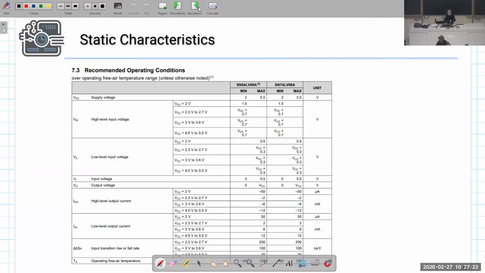If you look at the technical data, the electrical characteristics of the digital device that we are considering, you can find the values of these parameters.